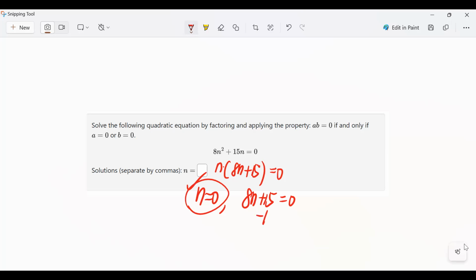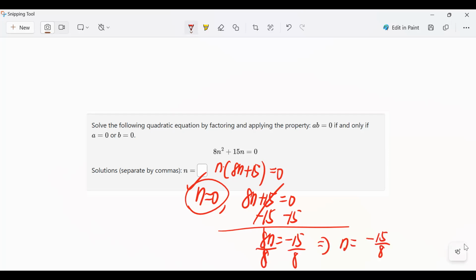Subtract 15 for the second one, an equals negative 15. And divide a from both sides of the equation. n equals negative 15/8. So two solutions, 0 and negative 15/8.